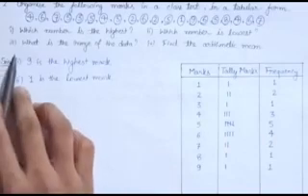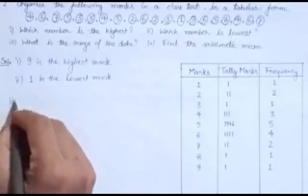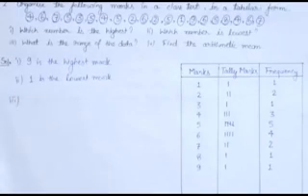Now in third part we have to find the range of the data. So students, you know, range of a given data can be determined by subtracting the lowest observation from the highest observation. Means subtracting the lowest value from the highest value.